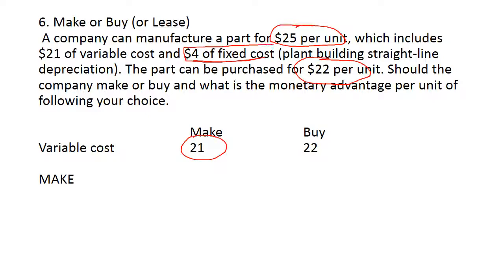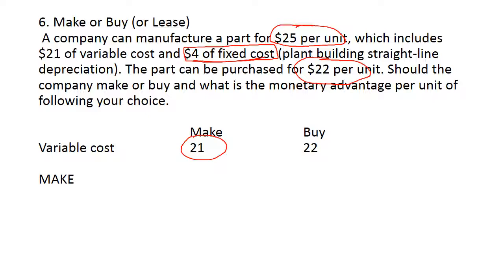That fixed cost, because it's going to continue whether or not you're manufacturing it, means it's sunk, and so it's not relevant to the decision. Since it's not relevant to the decision, it's not part of the decision making. So we're comparing a variable cost of 21 to the buy cost of 22. So the decision is that you should continue to make it.